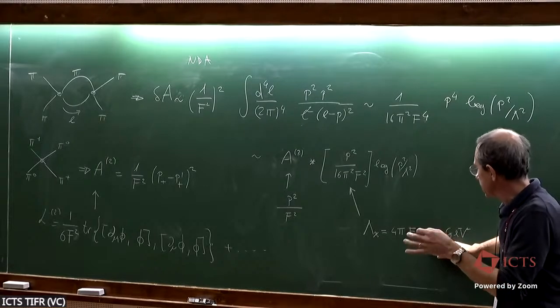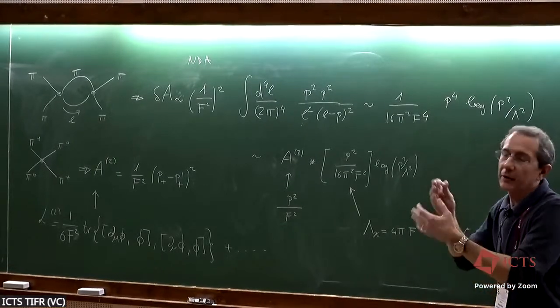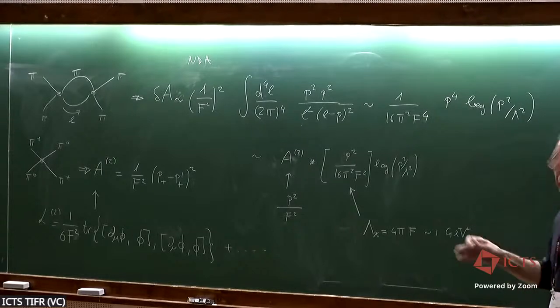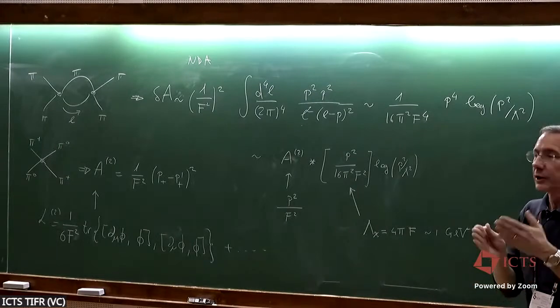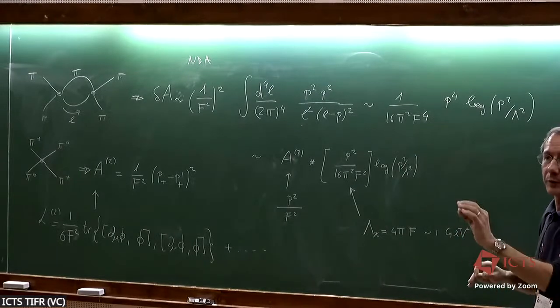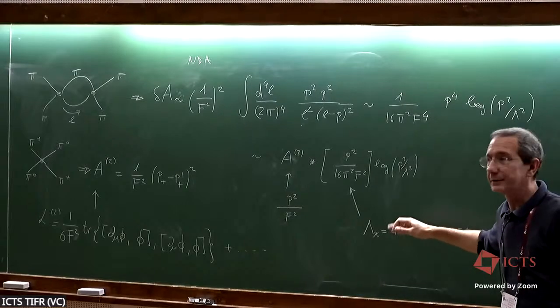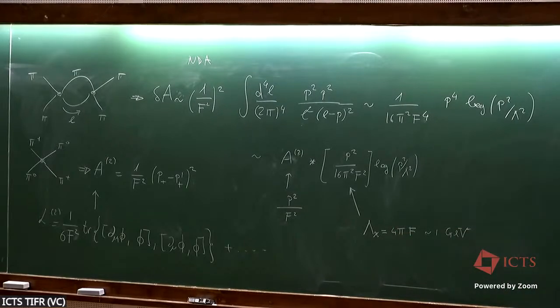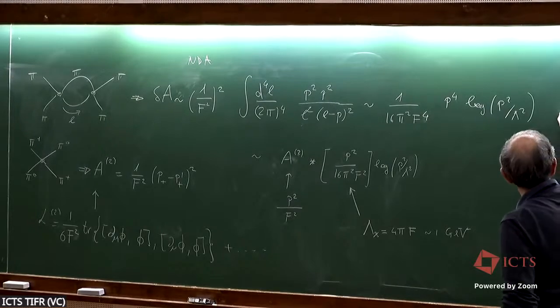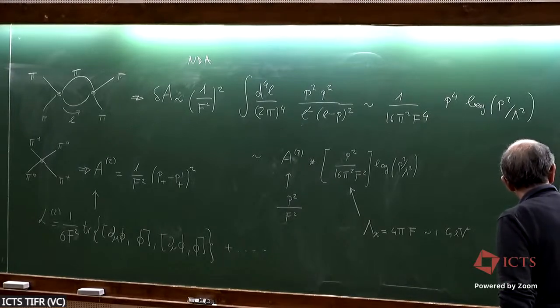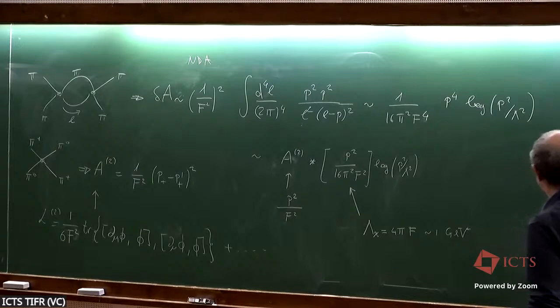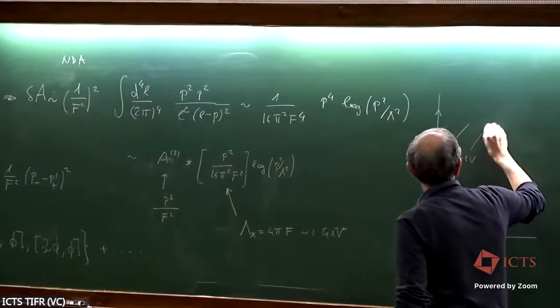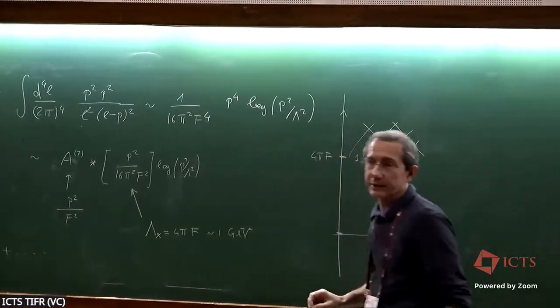In some cases you have something slightly higher. Of course, there are order 1 couplings, which, however, one can interpret well when we have, for instance, production of resonances. When we have the rho exchange, when we have a channel where these two pions can form a rho, you will see that what appears is really more the mass of the rho. But before going to calculation, intuitively, we have this theory where we have this 4 pi f, or 1 GeV, where really here is a mess, it's complicated.